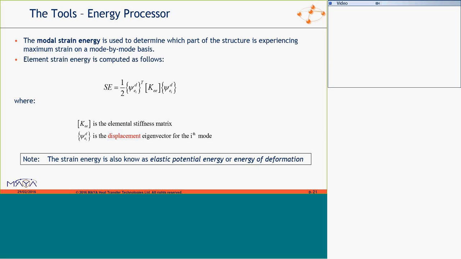The strain energy helps you determine which part of your structure is experiencing maximum strain, and it's computed by multiplying the elemental stiffness matrix by the displacement eigenvectors. It's known as elastic potential energy, or energy of deformation. When you ask for strain energy, Nastran will also compute the strain energy density result, which divides by the volume of the element, if you're interested in that as well.